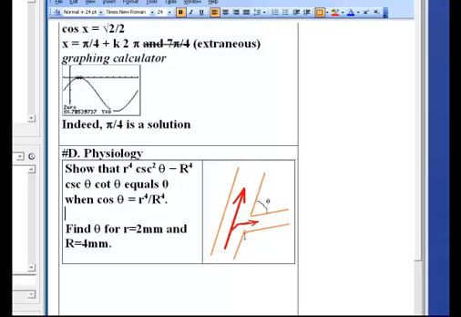So you have the blood flow through here, and then you have a branch here, and the angle here depends on the radius of the artery as well as the radius of the branch in order to minimize the energy loss.